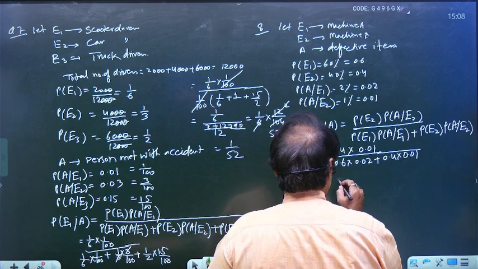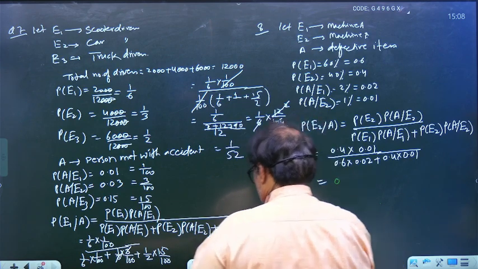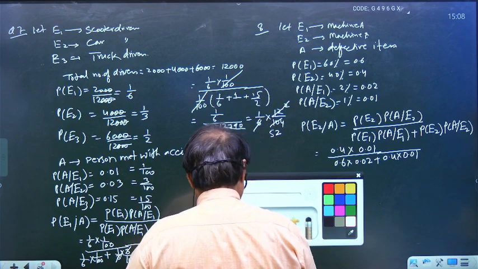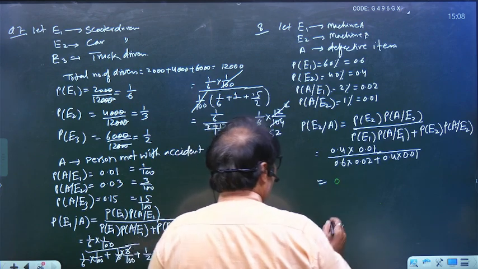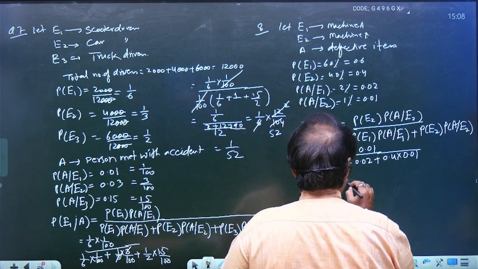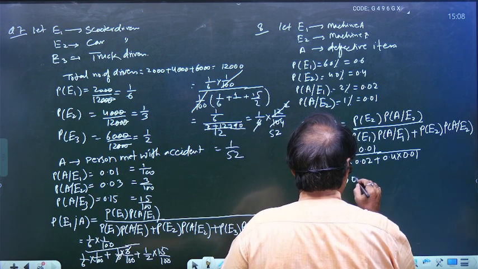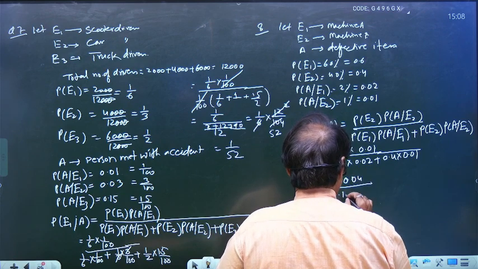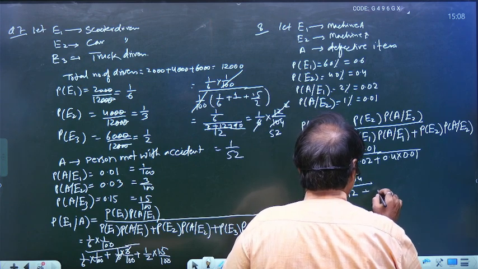So it will be 0.4 ones are 4, 0.004, and 0.6 twos are 12, 0.012.